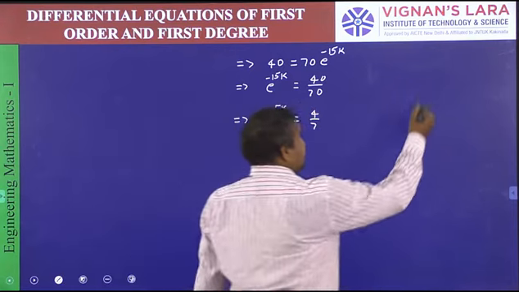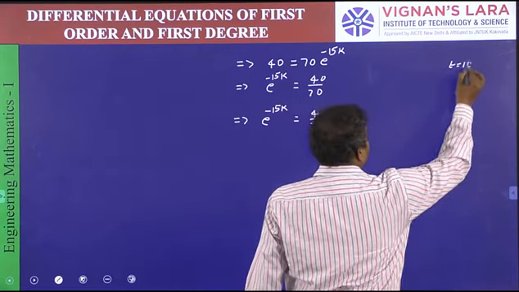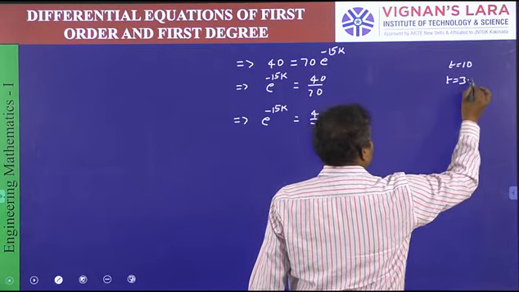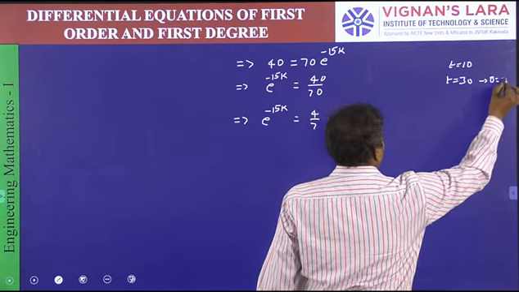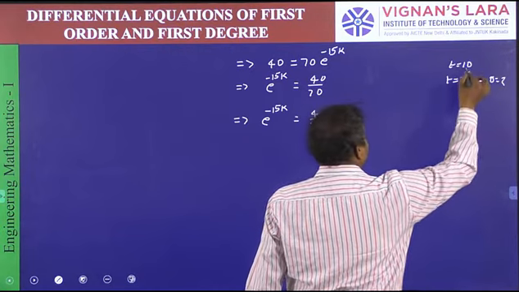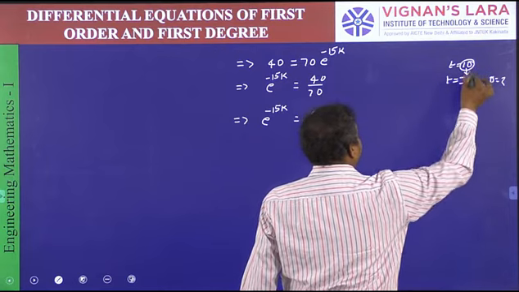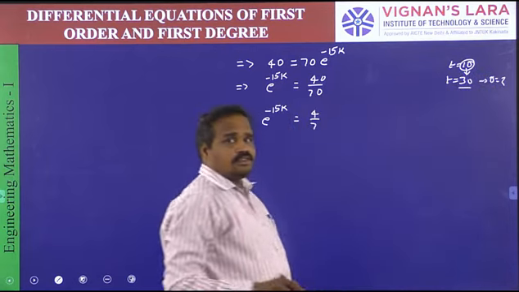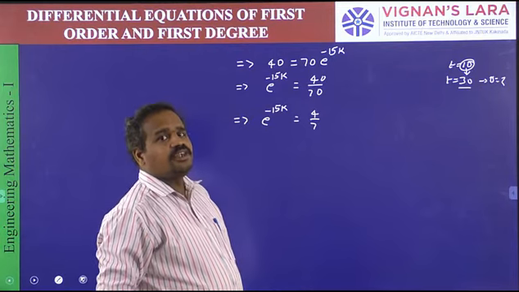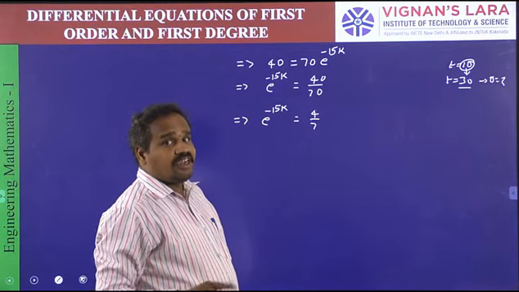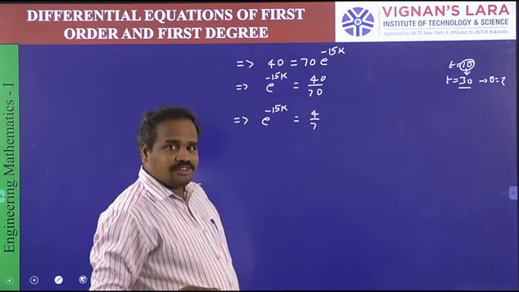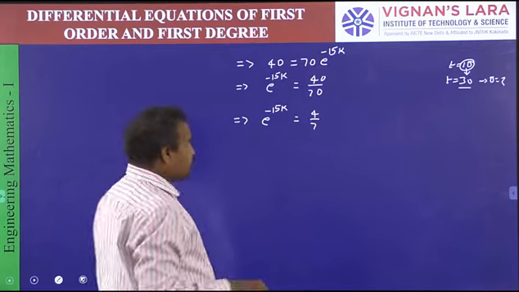At that place, he gave t is equal to 10 minutes, and we had to calculate the temperature of the object at t is equal to 30 minutes. There is a relation between these two: if you multiply 10 with 3, you will get 30. Such a relation existed there, so we stopped at that point. But here such a relation will not exist, so we have to calculate the value of k.